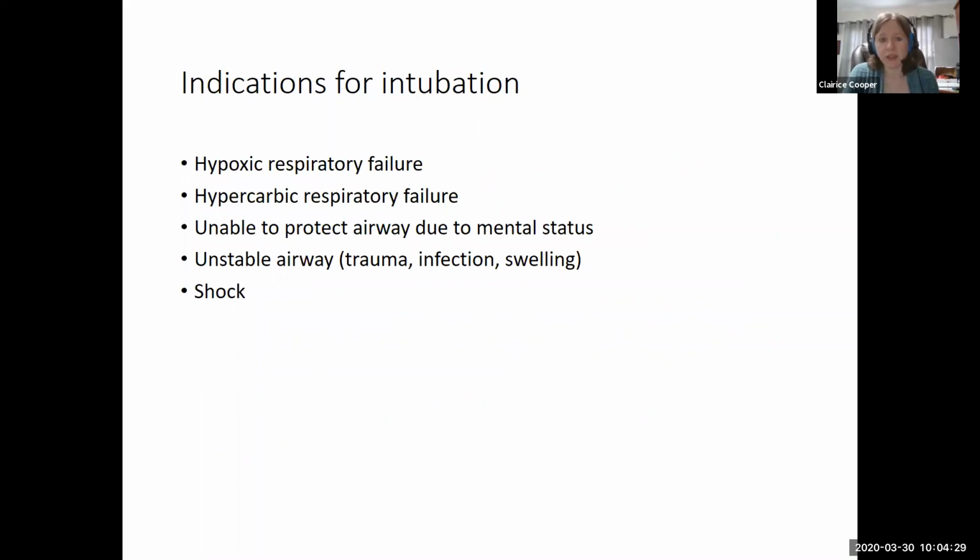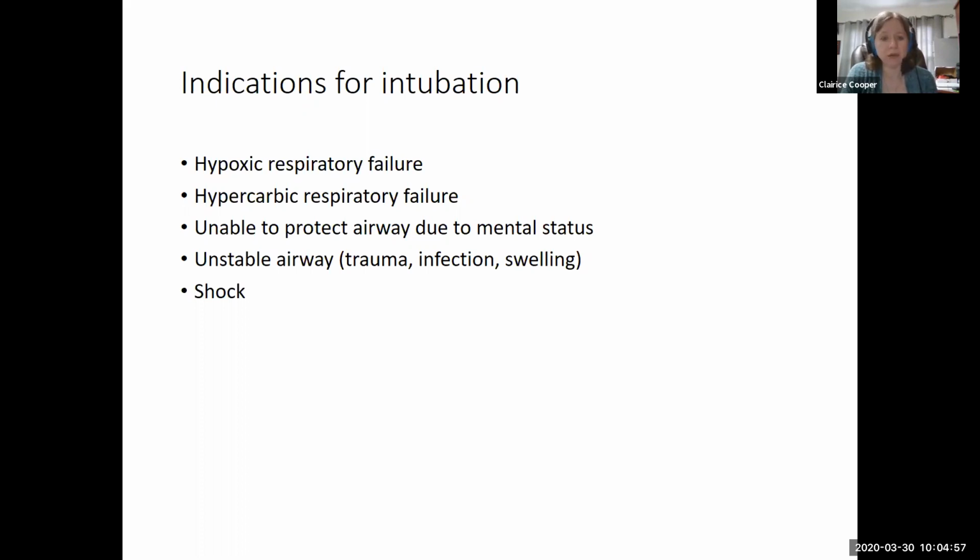Discussing indications for intubation, hypoxic and hypercarbic respiratory failure, of course, are very common, and it's important from a documentation standpoint, billing standpoint, to actually state the type of respiratory failure. So do make sure to document it as such. Inability to protect airway due to mental status is commonly seen in trauma and also other situations.